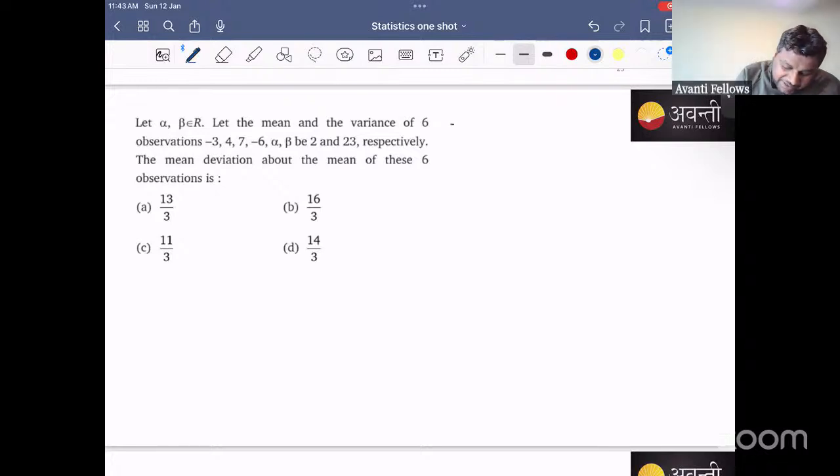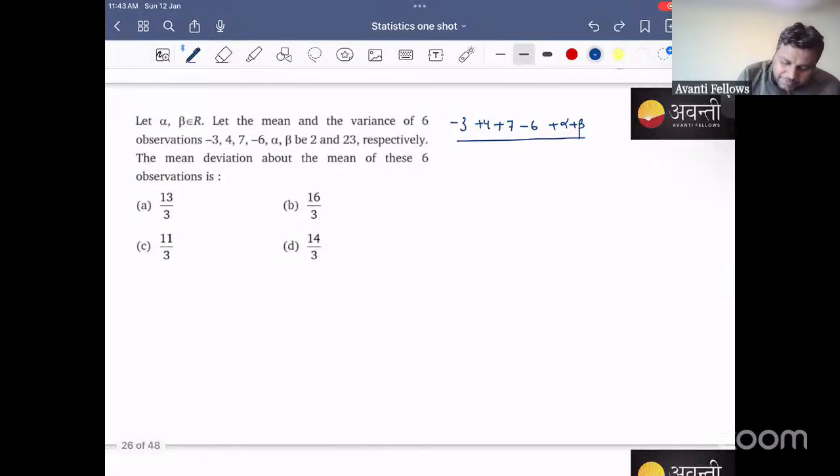Minus 3 plus 4 plus 7 minus 6 plus alpha plus beta, whole divided by 6, is equal to 2. So that means alpha plus beta plus 2 is 12. So alpha plus beta is what? 10. One relation you got.